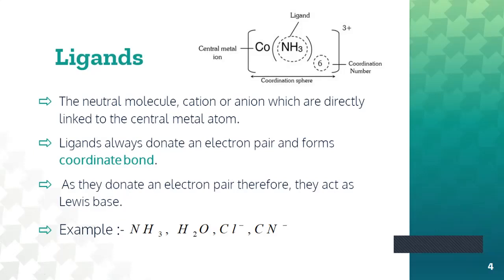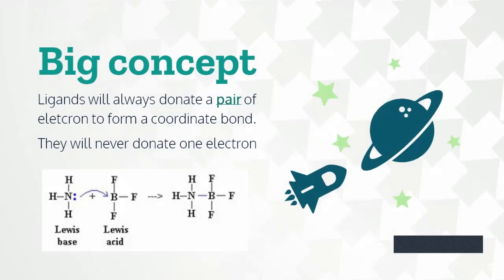The examples of ligands are mentioned below. A big concept to remember here is that ligands will always donate a pair of electrons to form a coordinate bond. They never donate a single electron.